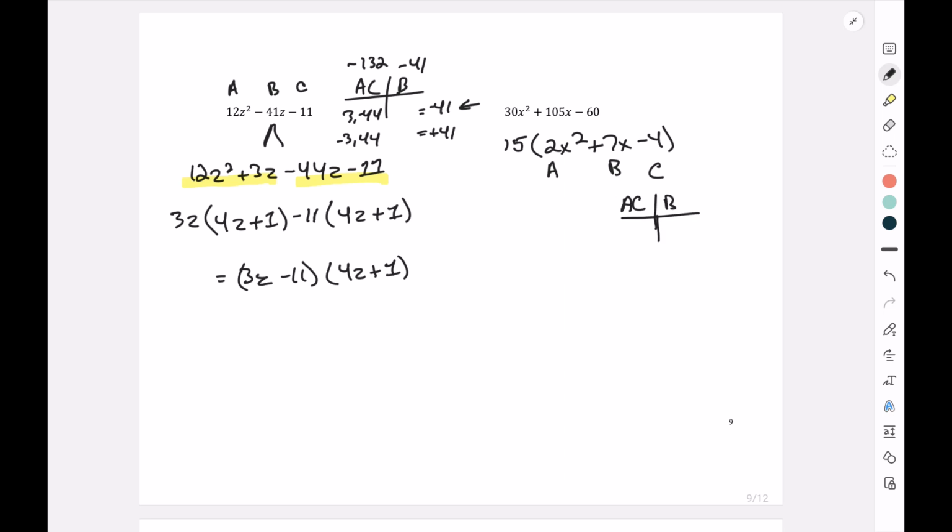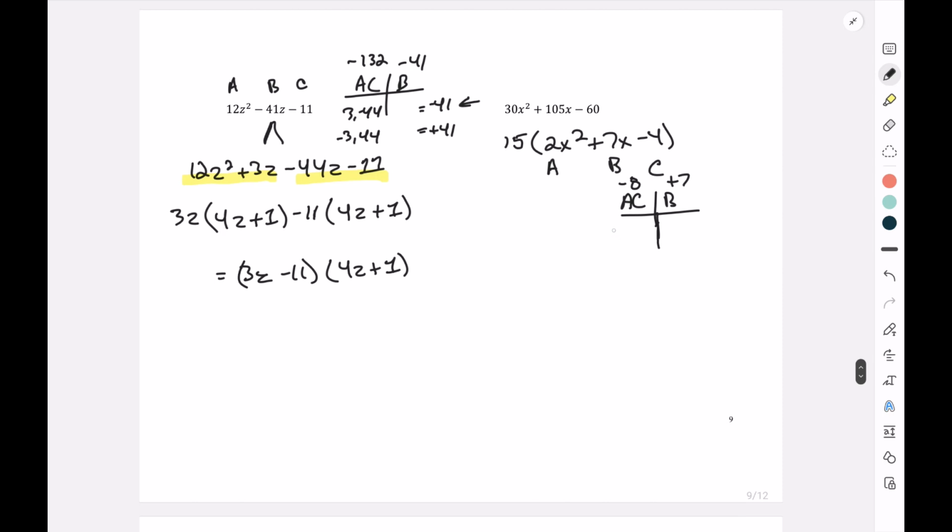we can see that our a and our c will multiply to a negative 8, and our c and our b would add to a positive 7. If we looked at the factors of 8, we could have 1 and 8, 2 and 4, but then we have to also look at the signs. And so since we want a negative, one would have to be negative, one would have to be positive.